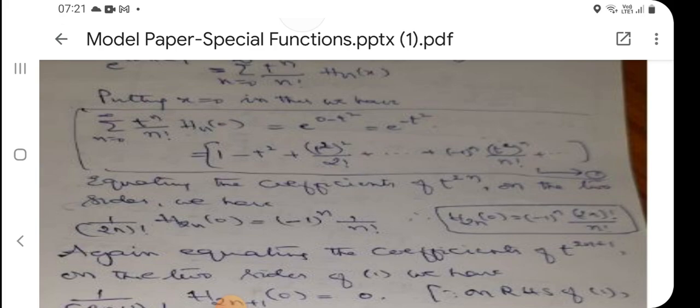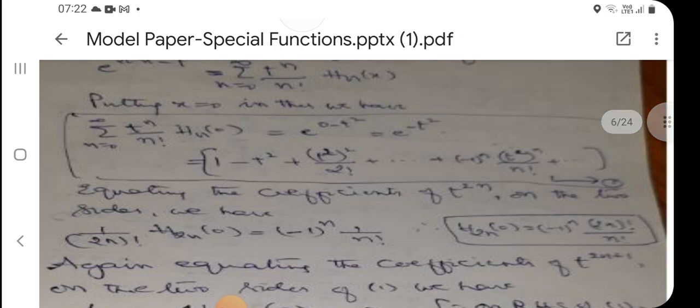Now equating the coefficients of t^{2n} on both sides, on the left hand side we have 1 by (2n)! into H_{2n}(0). On the right hand side, that is (-1)^n into 1 by n factorial. So 1 by (2n)! into H_{2n}(0) is nothing but (-1)^n divided into 1 by n factorial.